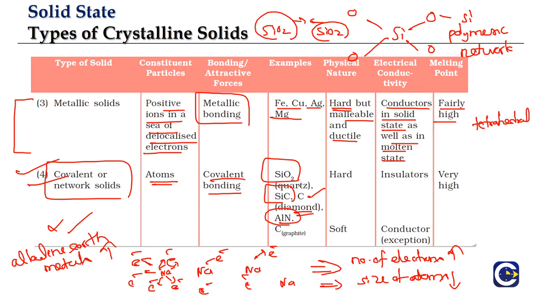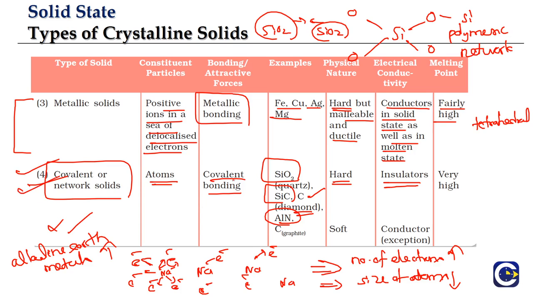Aluminum nitride, all of them are the examples of hard insulator type of covalent networks, because since they are anyway covalent network, they will not have any free mobile electrons, so they will be insulators, but they will be very hard. Why they will be hard is because the entire structure is one single polymer. In fact, some of the hardest substances that we know, whether it is silicon carbide or diamond, they all belong to this category.